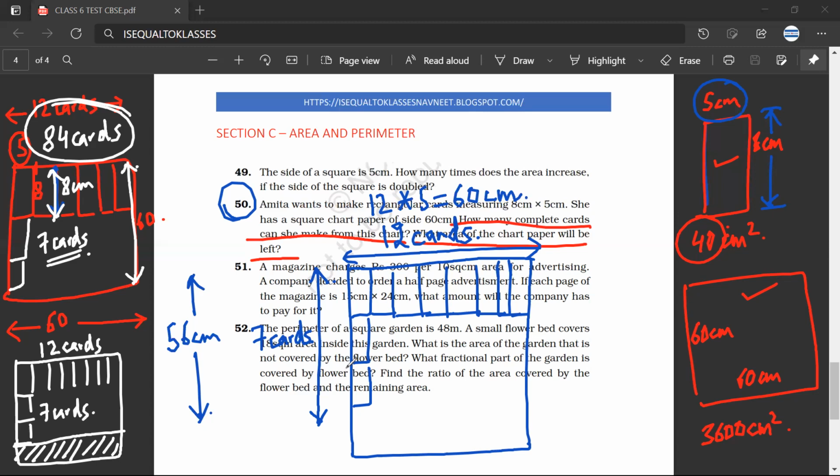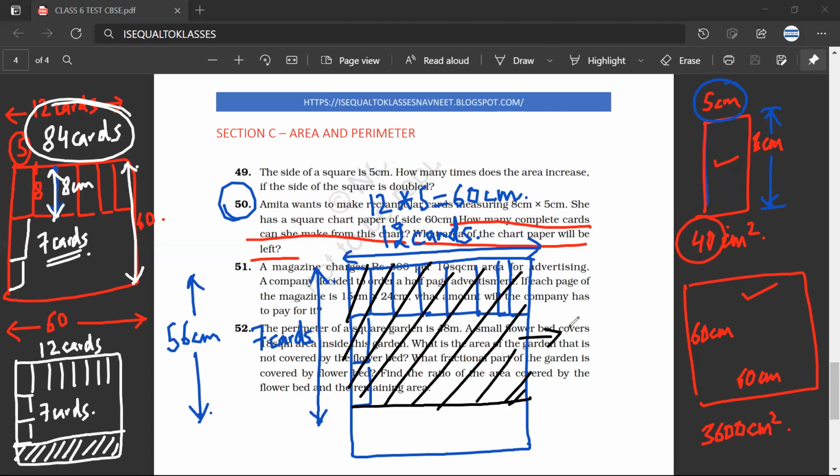Yes, sir. So due to that, effectively, if you are using complete cards, you will only be able to cover 60 into 56 centimeter square. Is there a doubt still?